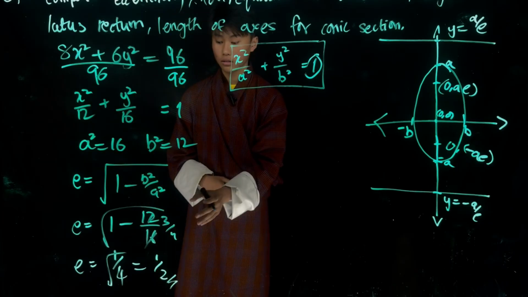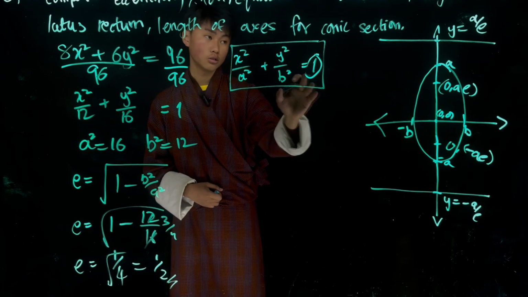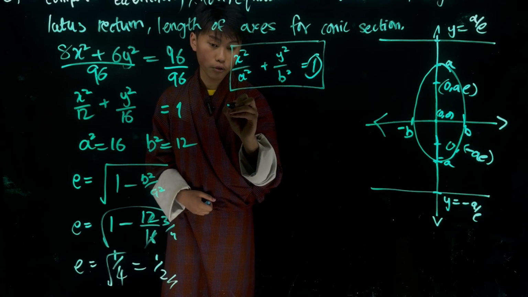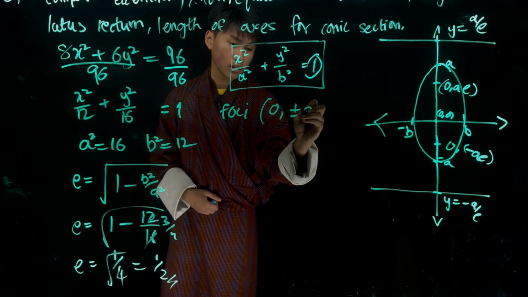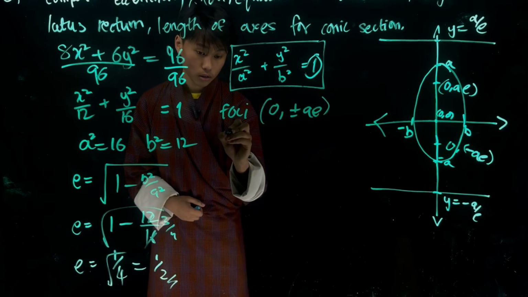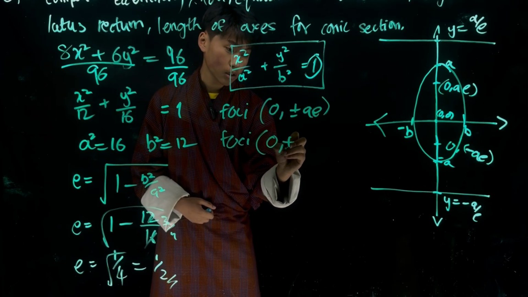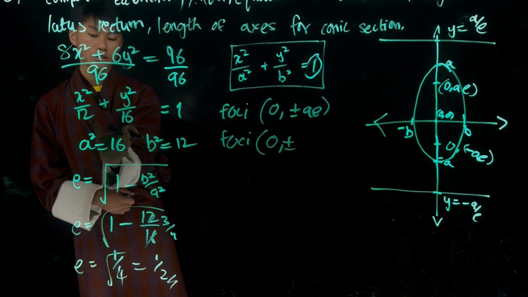Okay, so now that we have the eccentricity, we need to find the foci. Judging by the diagram, the coordinates of your foci will be at (0, plus minus ae). The value of a can be found from the equation itself.